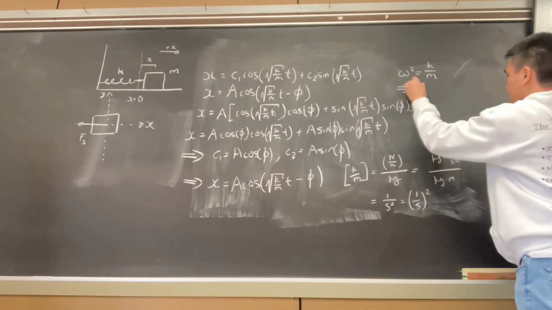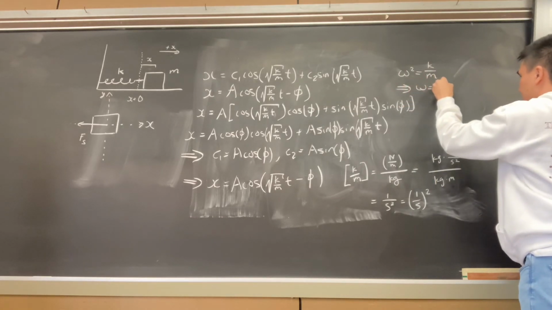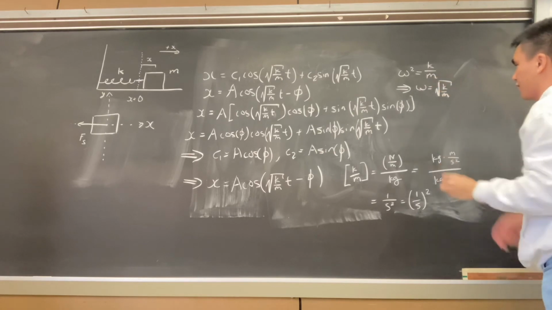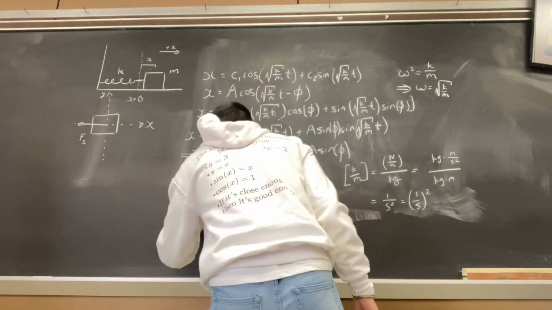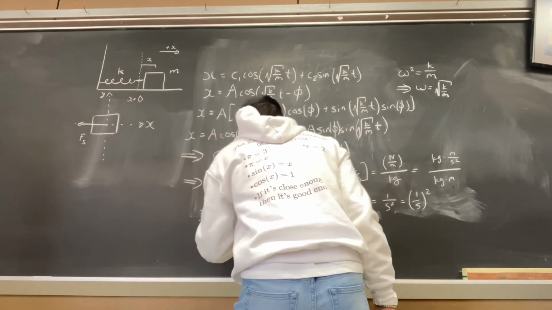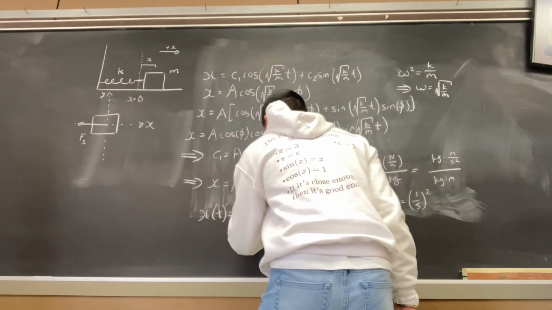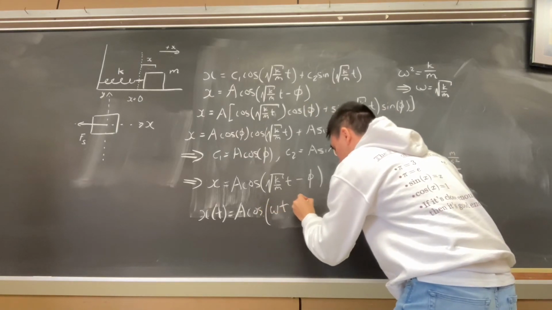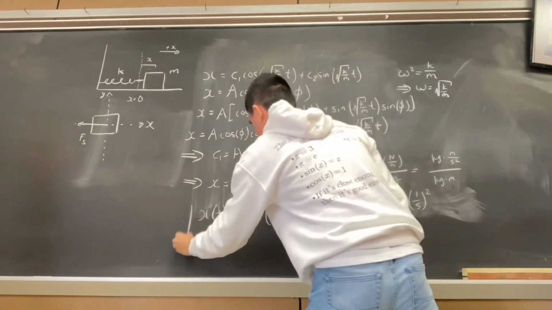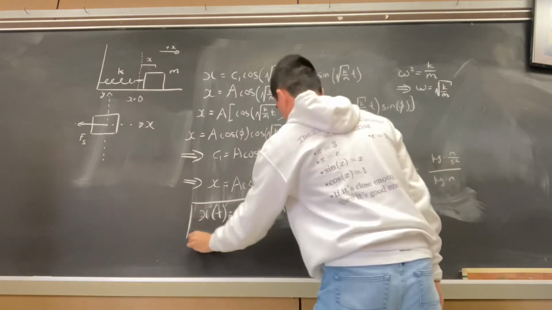So omega is equal to square root k over m, and I can substitute that into here for our final form. So x as a function of time is equal to A cosine of omega t minus phi. And this is our solution, dude.